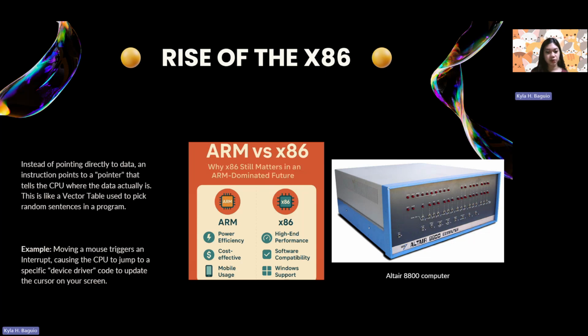It was this specific machine that inspired the creation of Microsoft, as Bill Gates and Paul Allen realized that these new and organized processors needed a high-level language like BASIC to unlock their potential.